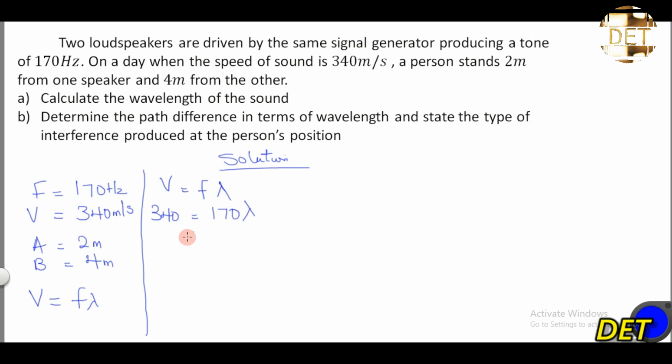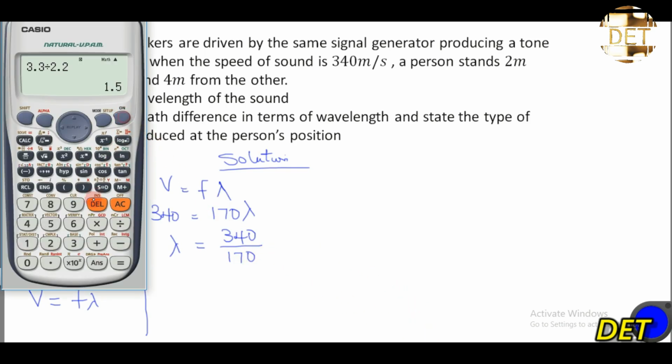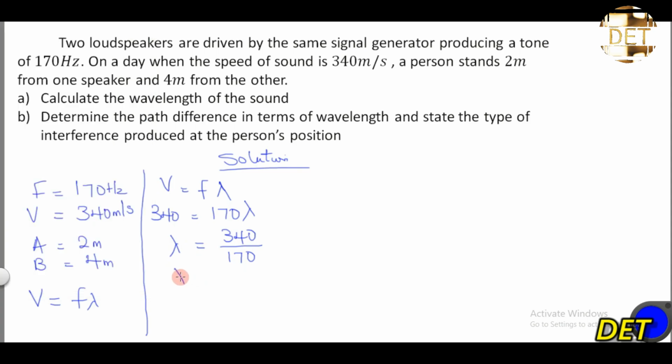If we make the wavelength the subject of the formula, the wavelength is equal to 340 divided by 170, which is equal to 2. So the wavelength is 2 meters.